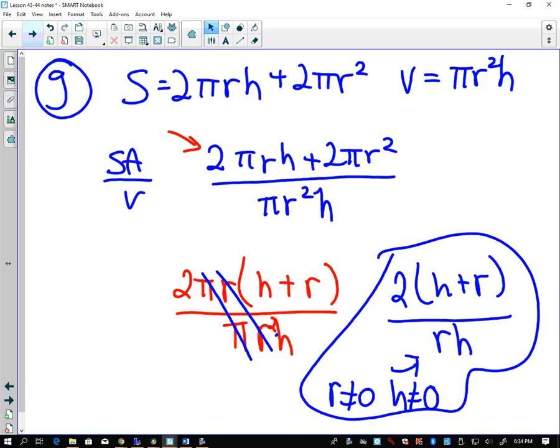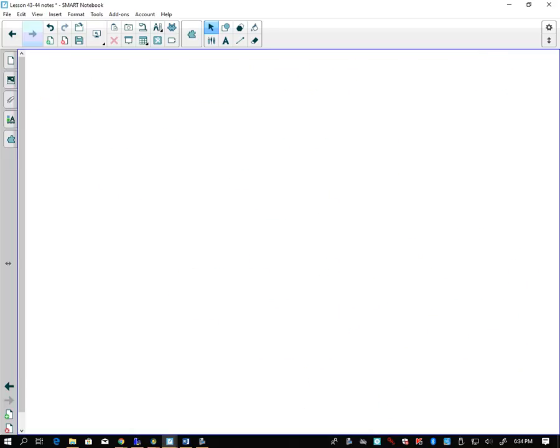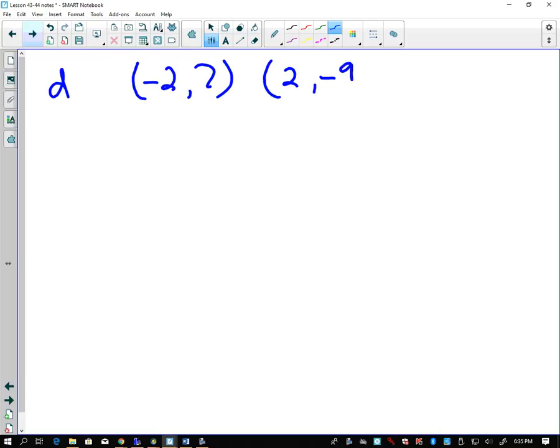All right, let's take a look at lesson 44. Some of your questions there. Let's see, on 44, you had an A through J. So what it shows up on mine. Okay, determine the slope of the line that contains the given points. Let's look at D. D uses -2, 7, and 2, -9.